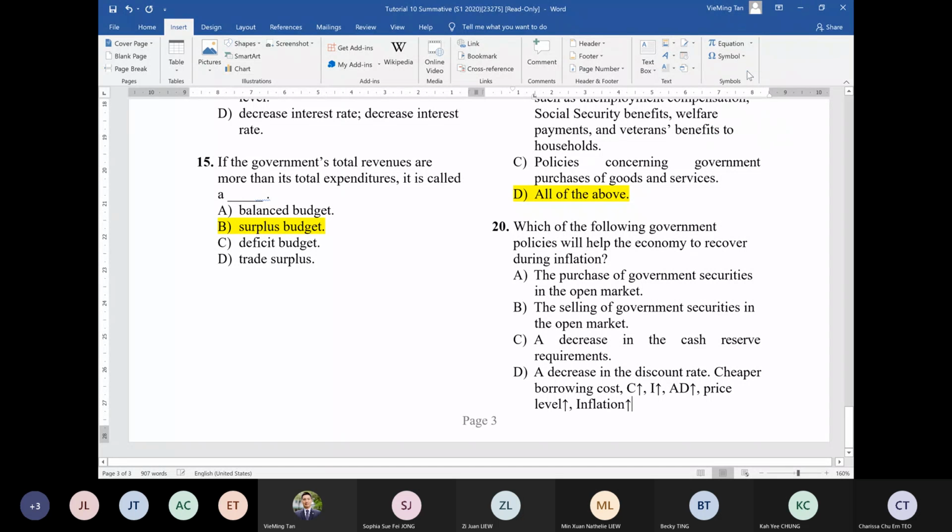Inflation is going to increase further and further. So this is not going to reduce the inflation. By reducing the discount rate, it's not going to reduce the inflation. So D is not the correct answer. Can you try other options? A, B, or C?